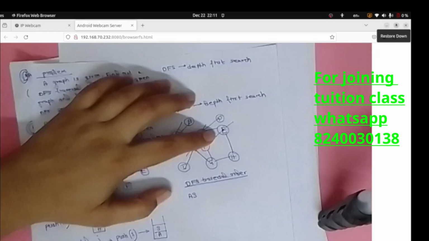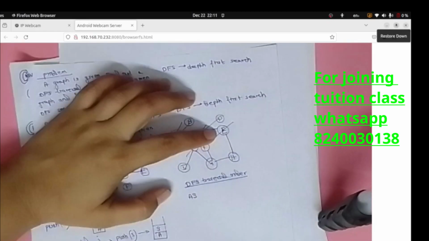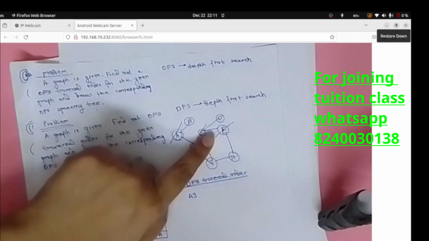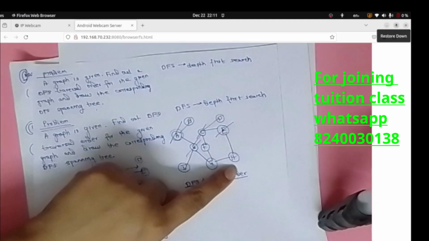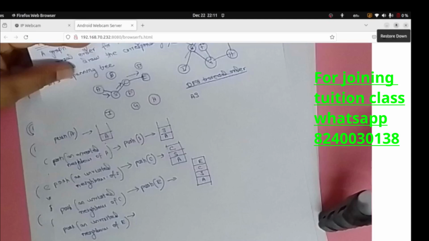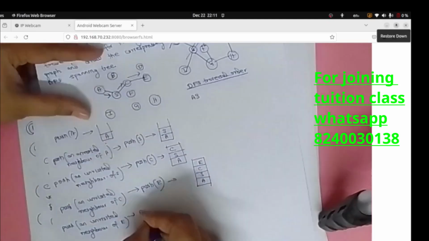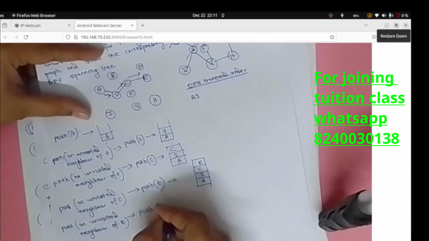Is there any unvisited neighbor of E? Yes. There is only one unvisited neighbor of E, which is H. So we will push H onto the stack as the topmost element. So the operation will be push H.